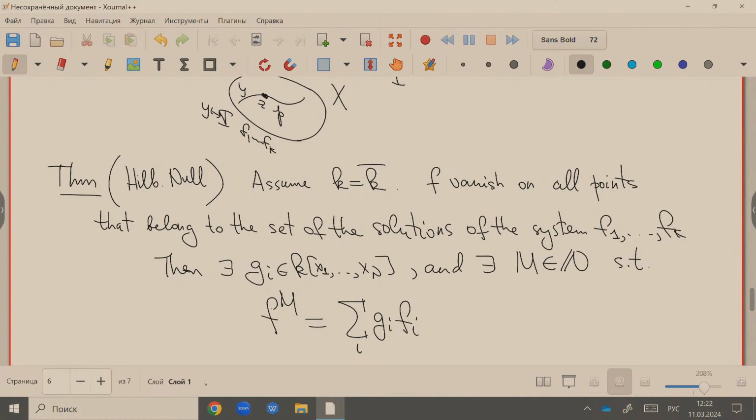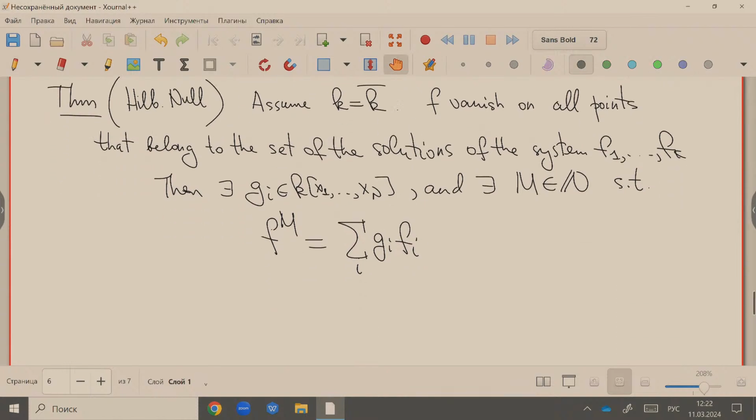So it at least guarantees that M is strictly positive.